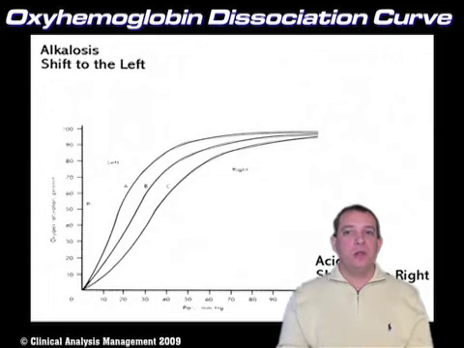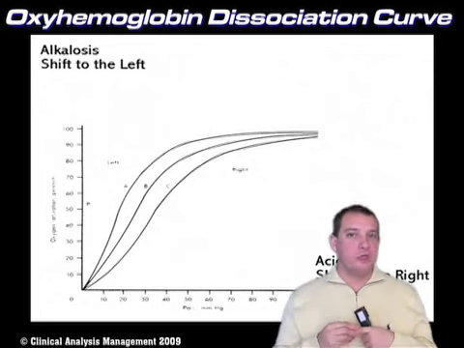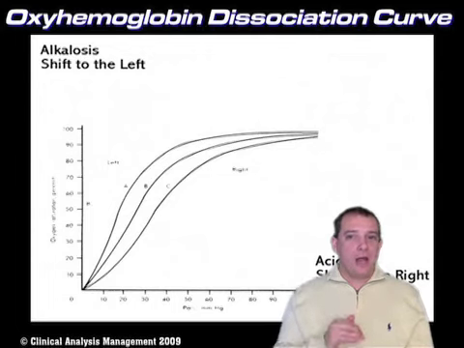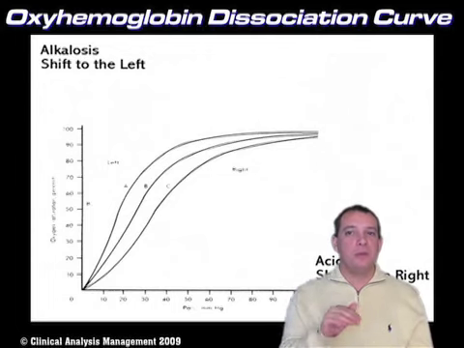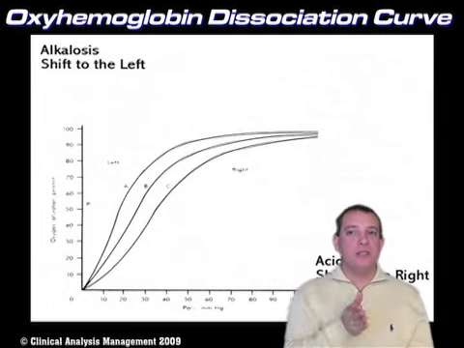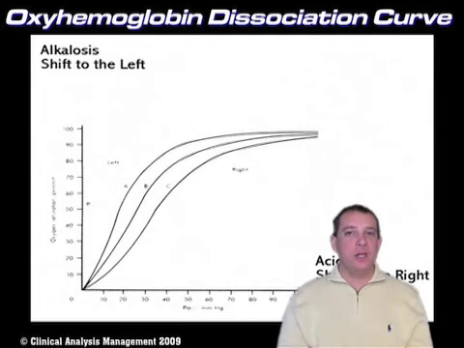So if we look at normal physiology, with an SaO2, or if we were monitoring non-invasively with an SpO2, from about 90% to 100%, we have a fairly flat curve when we relate that to the PaO2. In other words, between 90% and 100%, the PaO2 stays relatively stable. We don't see a lot of change.